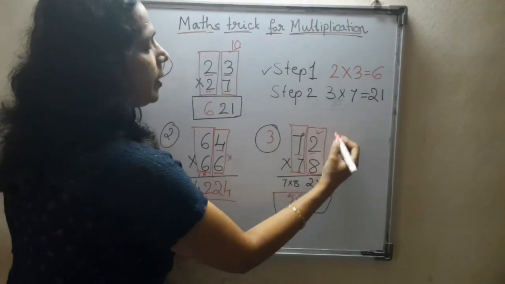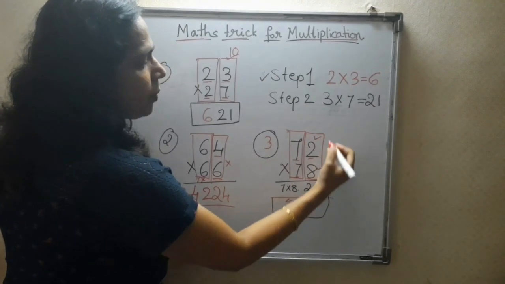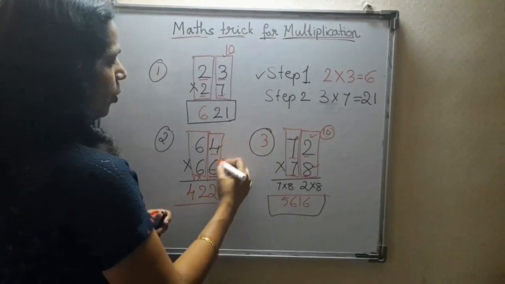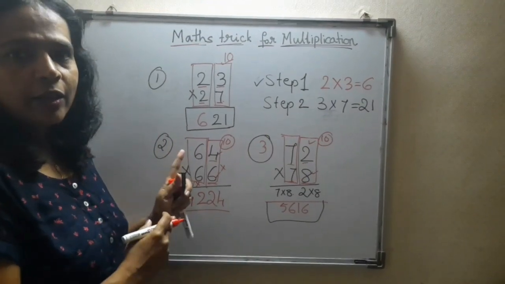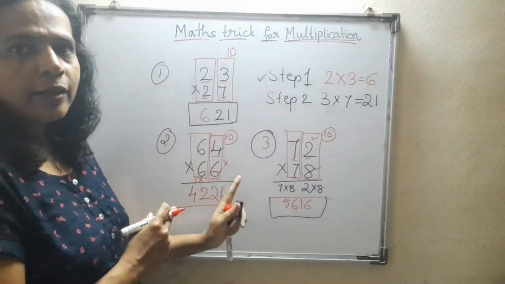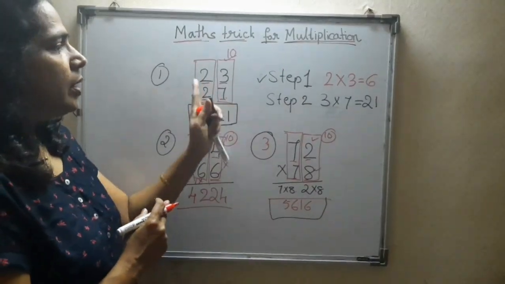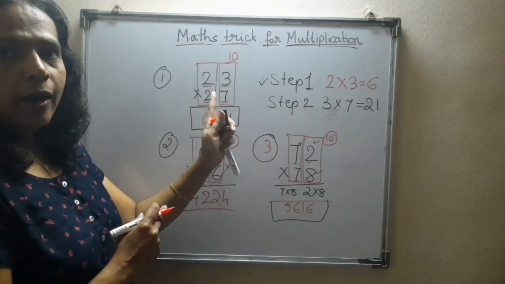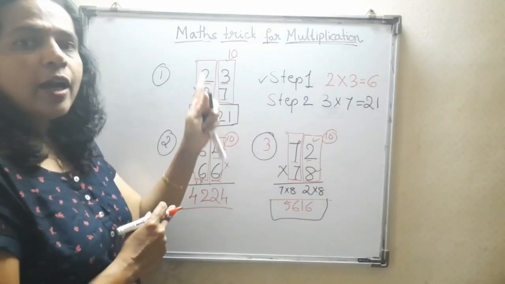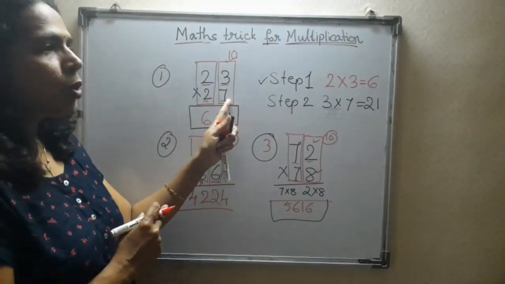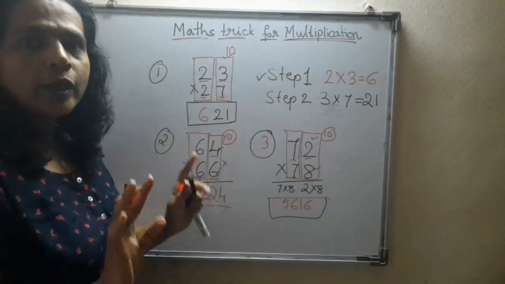So everywhere, if I add these two numbers, I get 10. So in this trick, you should observe that if the given numbers have a common tens digit and the total of the units place is 10, then only use this trick.